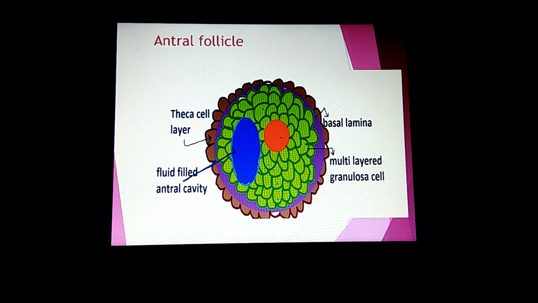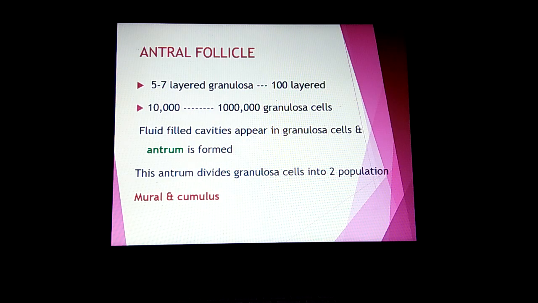Then they have a basal lamina which is purple colored. Then you can see the multi-layered granulosa cells, the primary oocyte with zona pellucida, and the fluid-filled antral cavity now appears. This fluid-filled cavity divides the granulosa cells into two populations, that is mural and the cumulus.